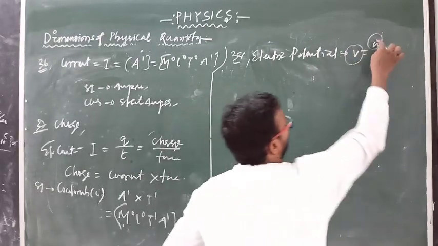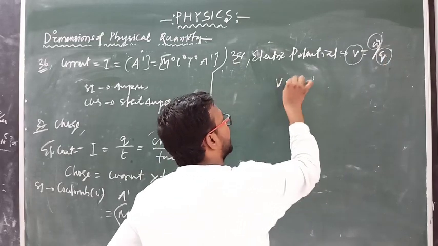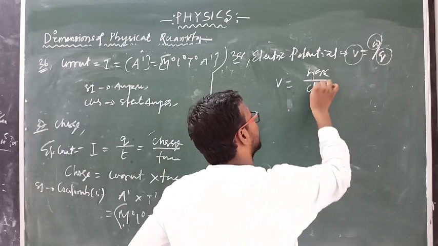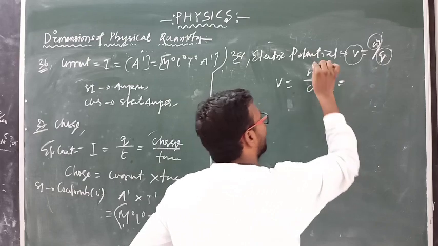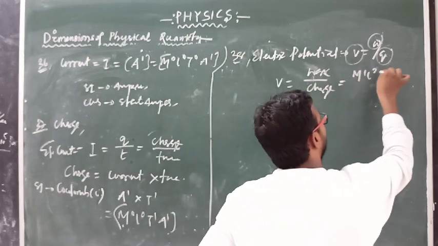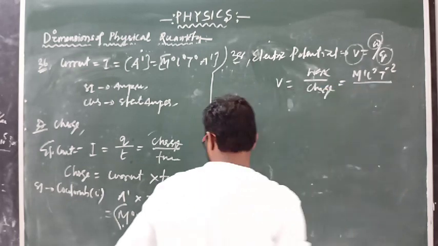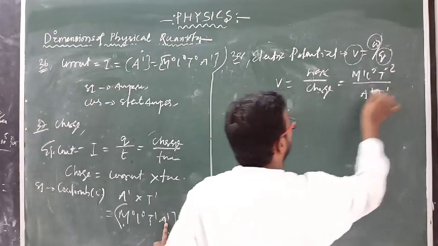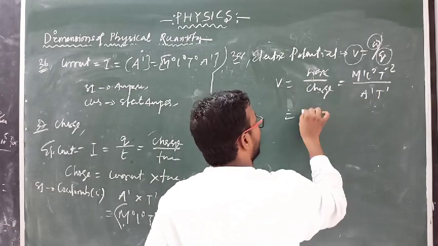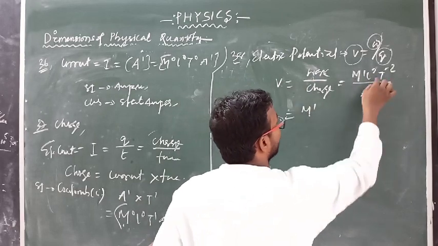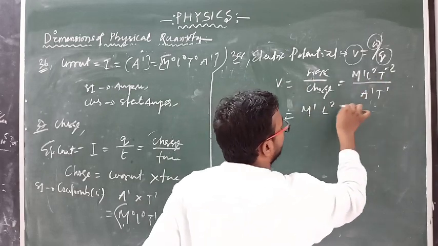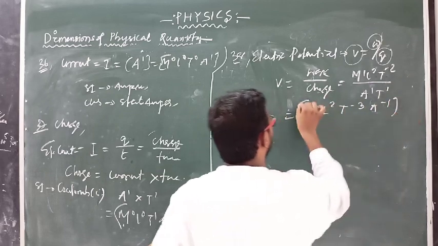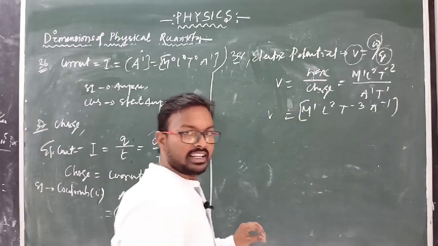And here V equal to W by Q, and electric potential is V equal to W, meaning work, by Q, meaning charge. Work has dimensional formula M1 L2 T minus 2, divided by charge. Charge equal to AT. So you can write here A1 T1, and its dimensional formula is M1 L2 T minus 3 A minus 1, the dimensional formula of potential.